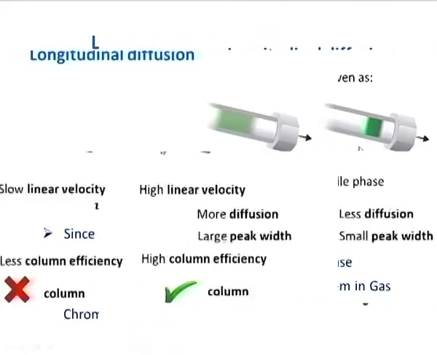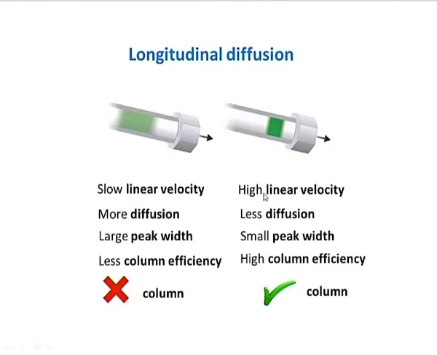Now, in order to circumvent this, since the height because of longitudinal diffusion is inversely proportional to the average linear velocity, it means the higher the linear velocity, the less the longitudinal diffusion, and that would mean a smaller peak width and higher column efficiency, right.